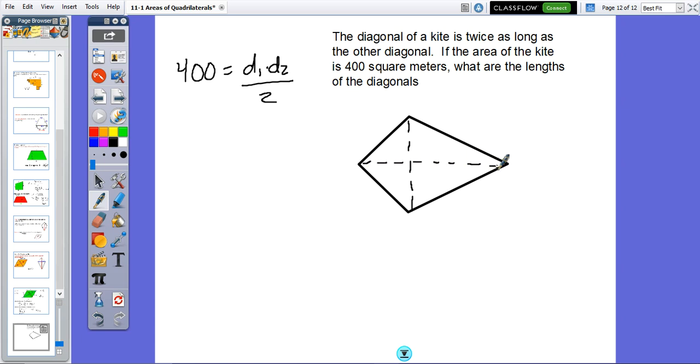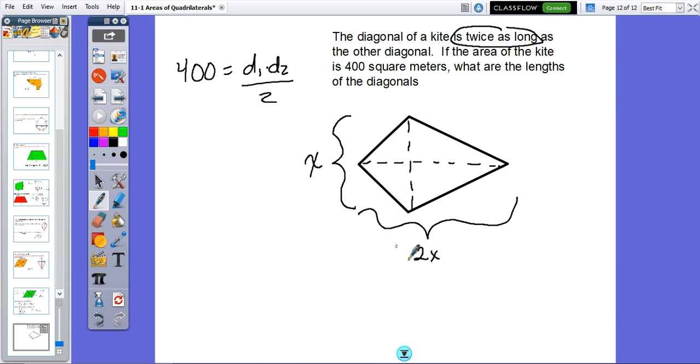I'm going to call the length from here all the way down x, because the other one, from this tip all the way across, is going to be twice as long. If we're calling this x, what should we call this, class? 2x. Yeah, it's 2x. Now we replace D1 and D2 with this. We get 400 equals x times 2x over 2.